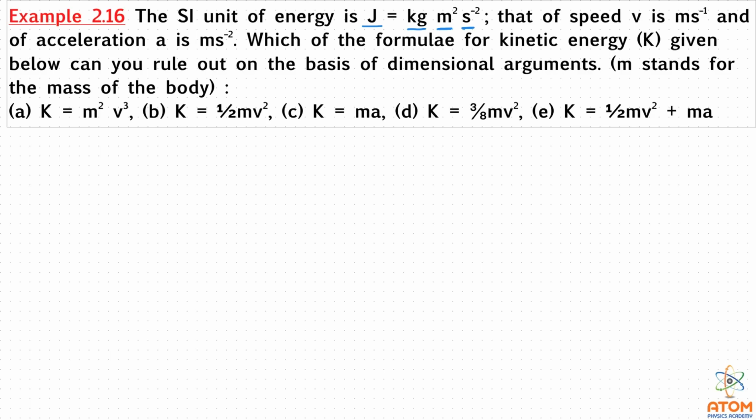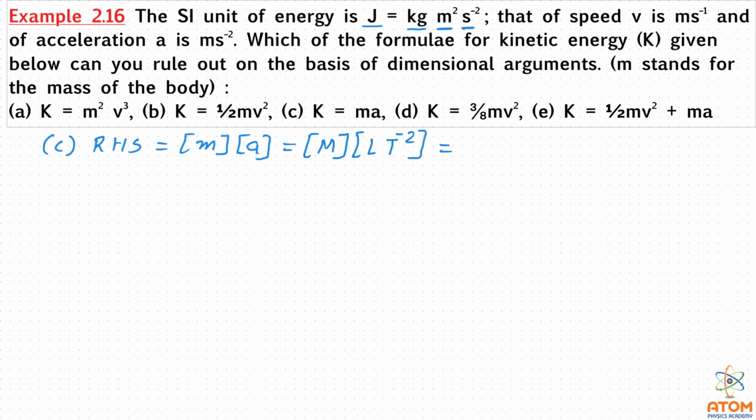Now in the third equation, that is C, the right hand side is MA. So the dimension formula of right hand side will be from the dimension of mass M and dimension of acceleration A. And the dimension formula of mass M is capital M, and for the acceleration A is L T minus 2.